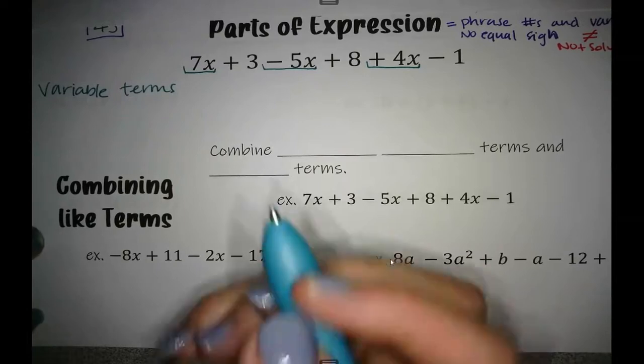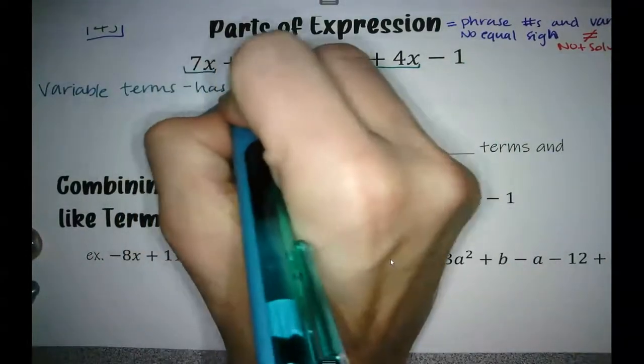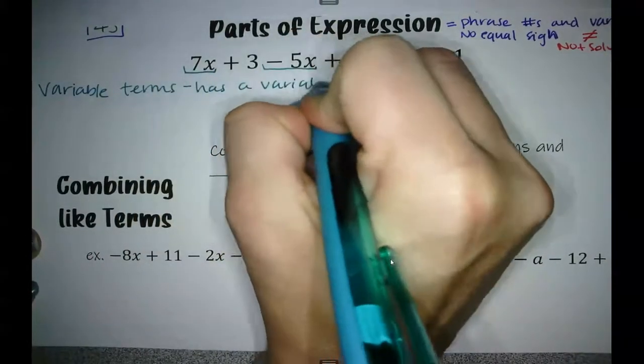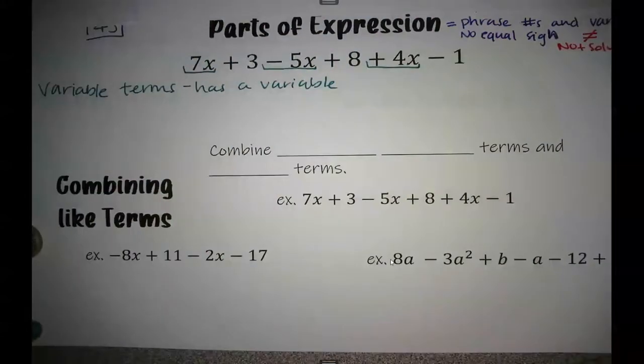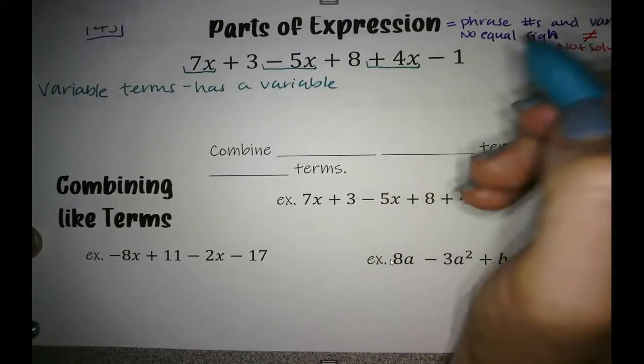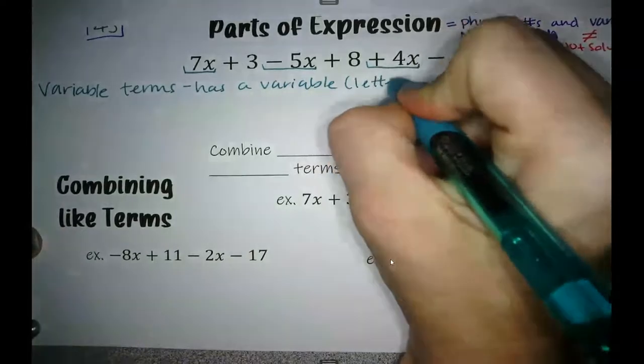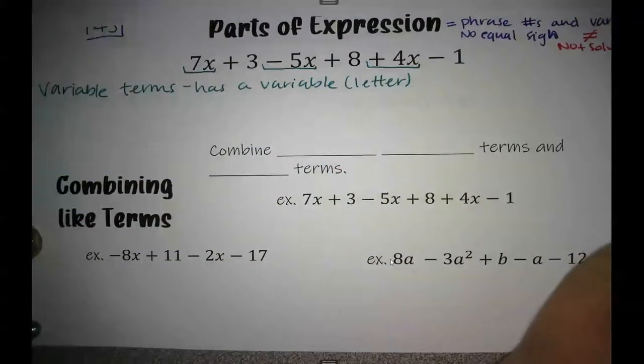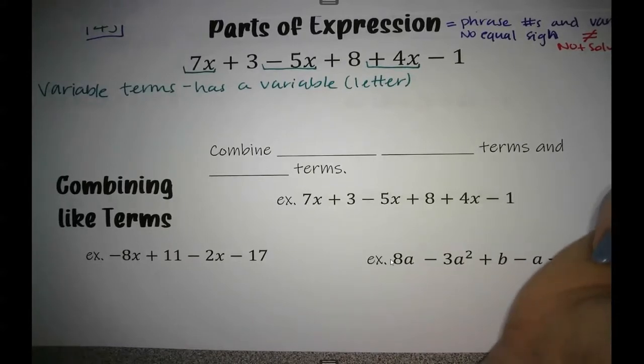And this means it has a variable. Simple, right? And our variables are generally represented by our letters. X's are very common, especially in algebra. But we could have A, Y, Z, Q, whatever letter.